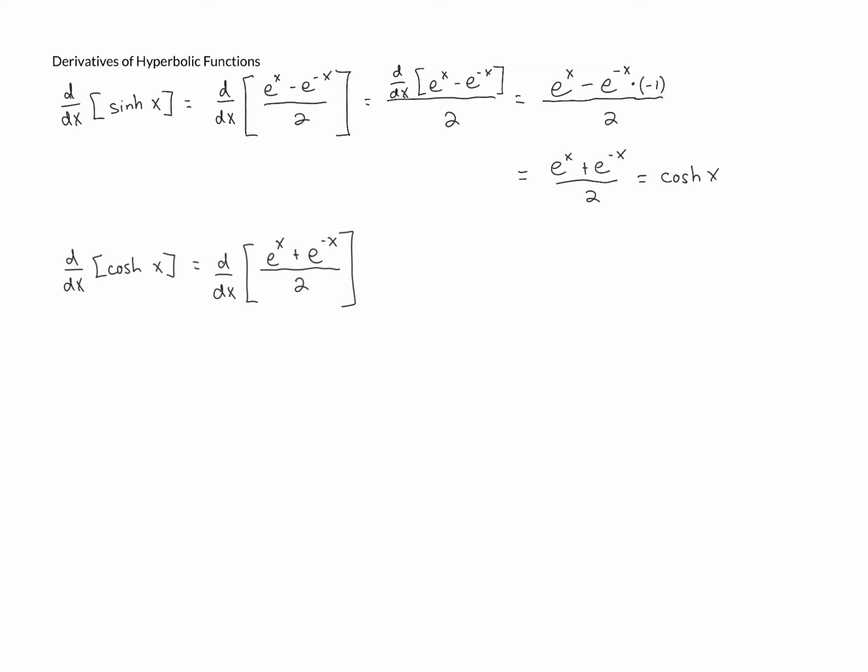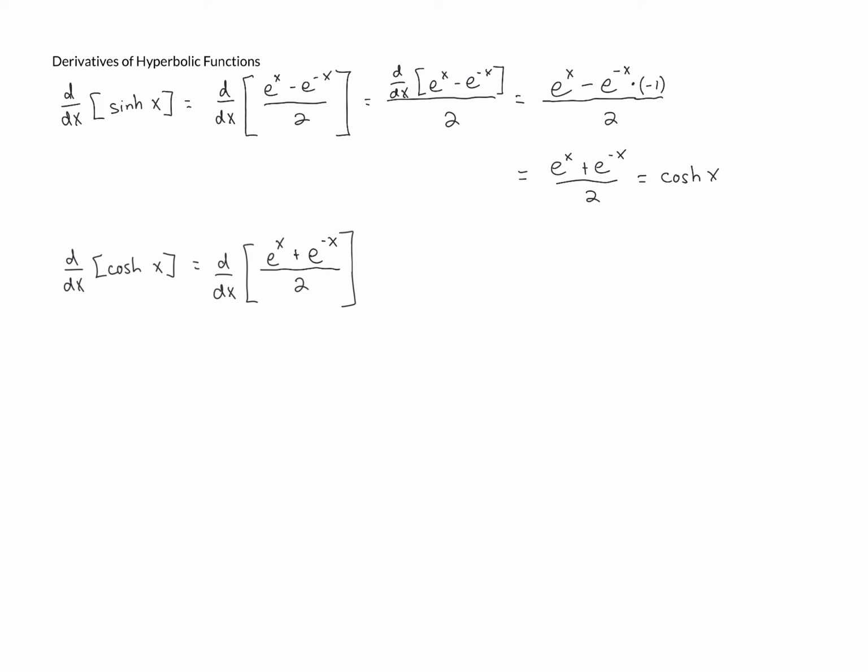Now, we could go through and do all of those steps that we did before, but I want to point out the only difference between these two functions is that the second term here is positive, where it was negative before. So when we go through and differentiate these, everything is going to be the same, except that second term, we're going to have to take the opposite of what we had before.